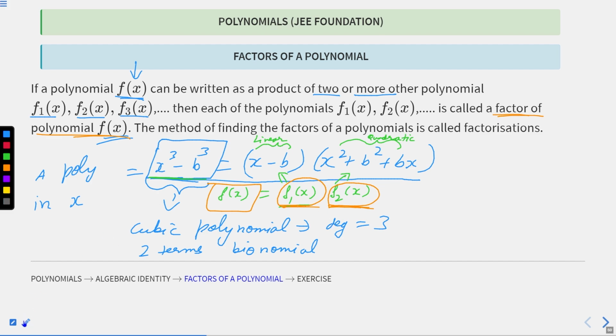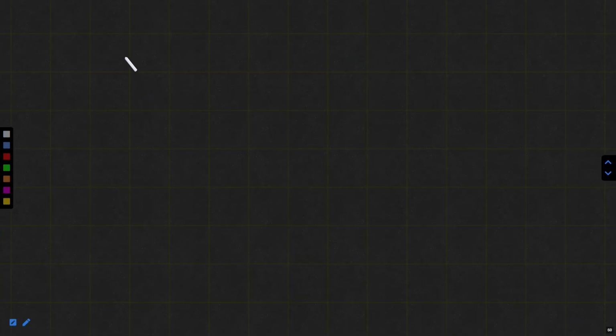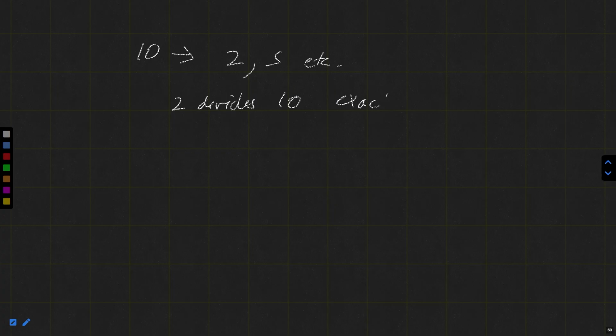If you make an analogy with factors of a number, for example 10 has factors 2, 5, etc., because 2 divides 10 exactly, and similarly 5 divides 10 exactly.